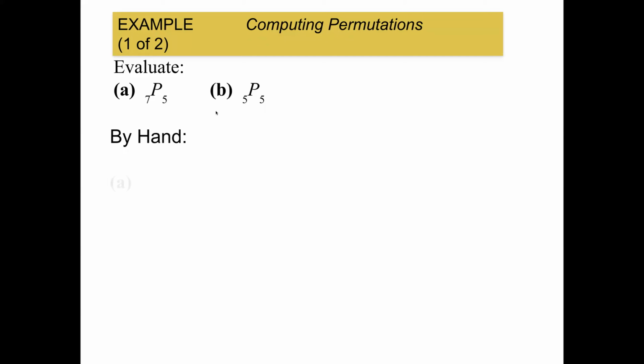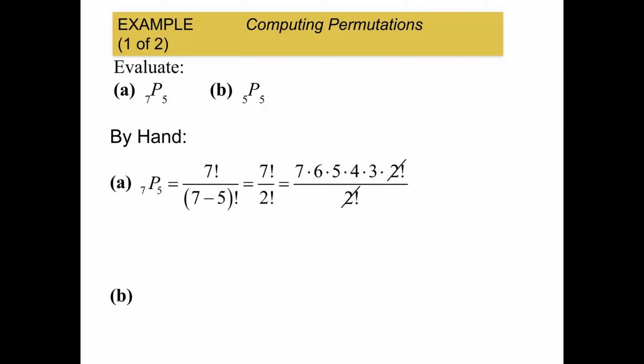How would we do this? We type everything into the formula. So here's the formula, 7 distinct objects taken 5 at a time. That's the phrasing of the permutation. And it's 7 factorial divided by 7 minus 5 factorial, which is 2 factorial. We remember what 7 factorial is. It's 7, 6, 5, 4, 3, and 2 factorial. 1 factorial is 1.